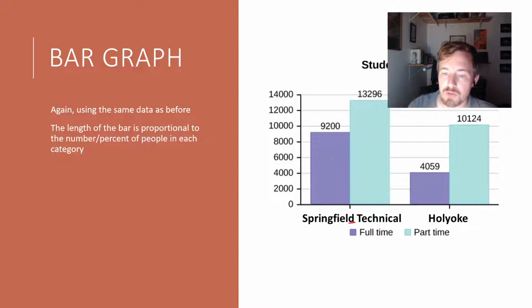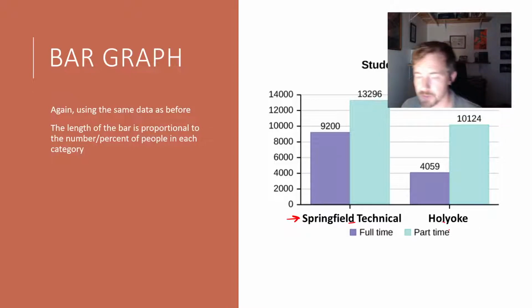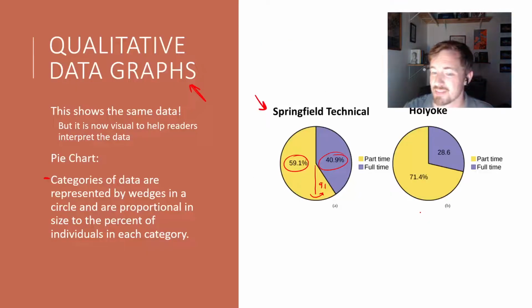So it's really hard to compare the proportions or the ratio of full-time to part-time whenever you have so many more students at Springfield Technical than at Holyoke. So here, this does show us the imbalance of part-time versus full-time, but it also shows us that Springfield Tech has many more students than Holyoke.